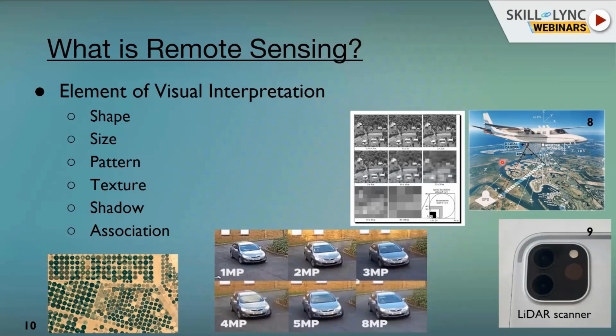Back then, this was a costly affair, but you can look at the Apple iPhone 12, and even they have got a LiDAR sensor now. So technology is becoming advanced, and these kinds of hardware equipment are becoming cheaper day by day.